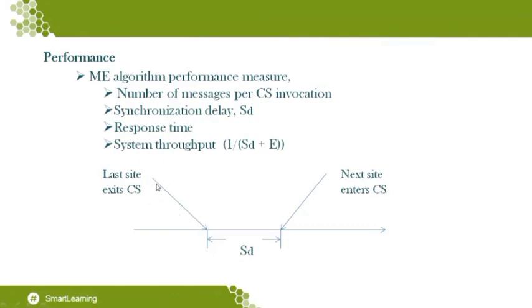Here the site exits the critical section, and now the next site enters the critical section. This time gap is called the synchronization delay, and it is represented by capital S suffix small d.